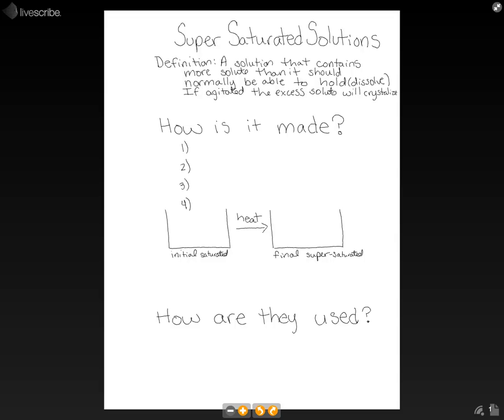They're made starting by saturating a solution by adding solute until no more dissolves.